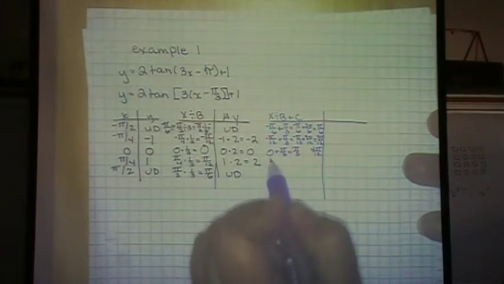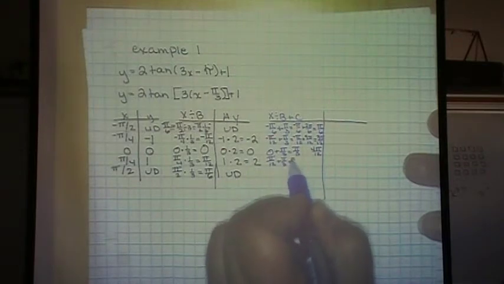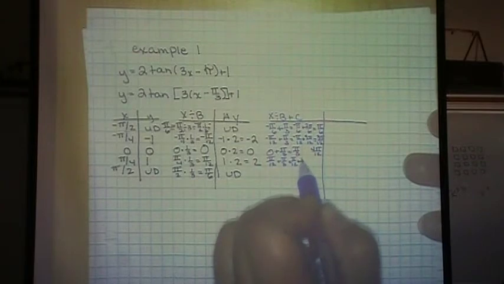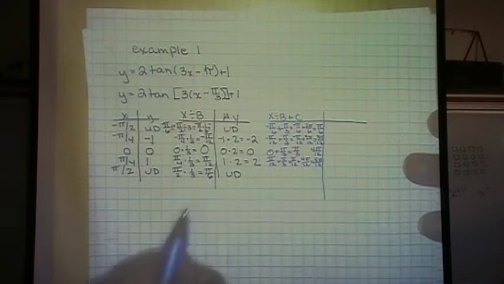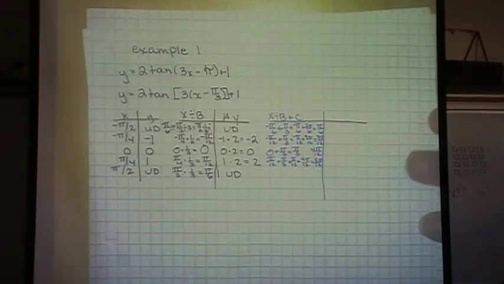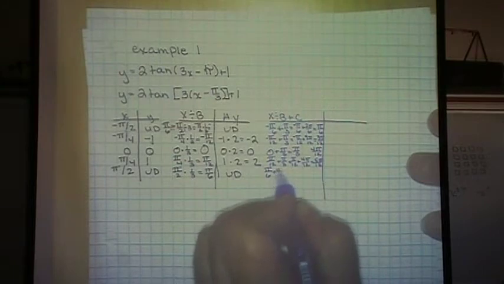Here, pi over 12 plus pi over 3. That's going to be pi over 12 plus 4 pi over 12. And that's going to be 5 pi over 12. And the last one, pi over 6 plus pi over 3.